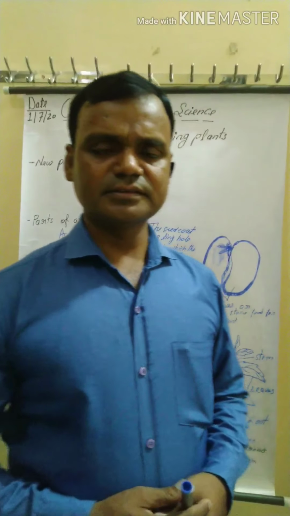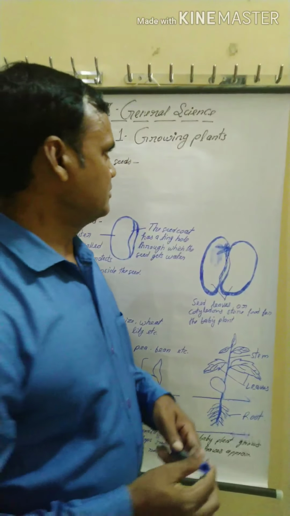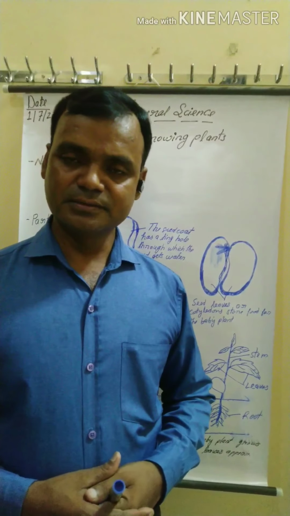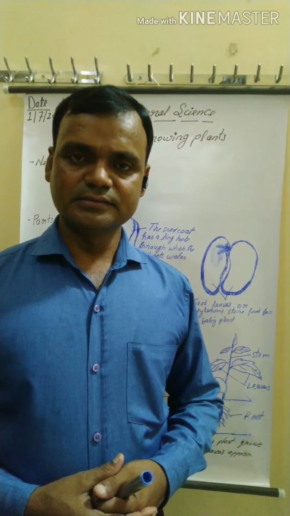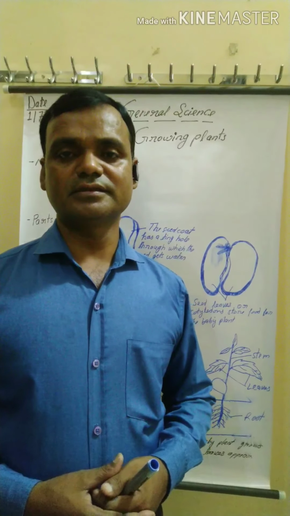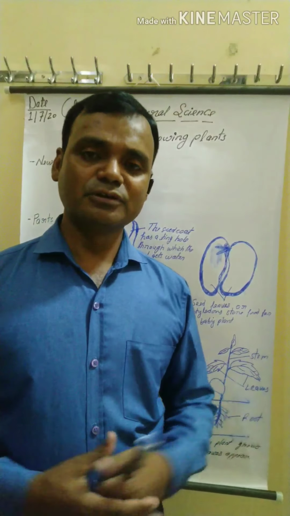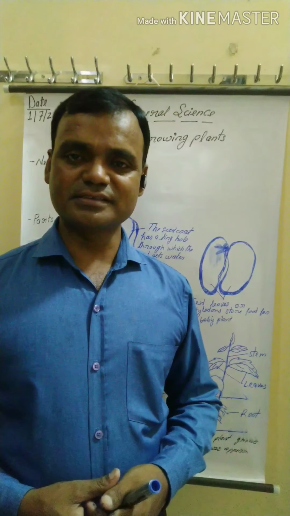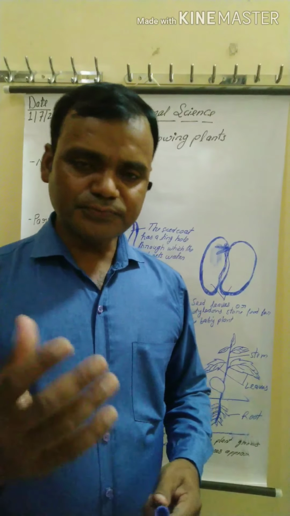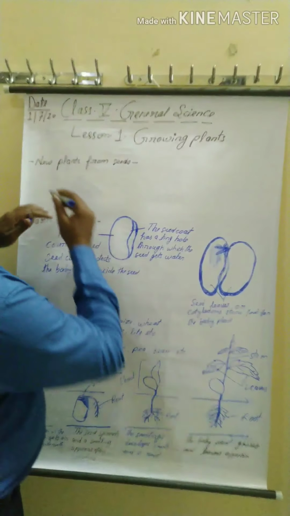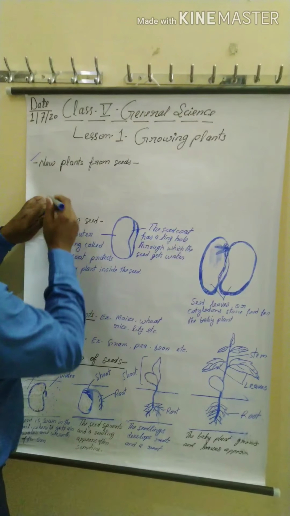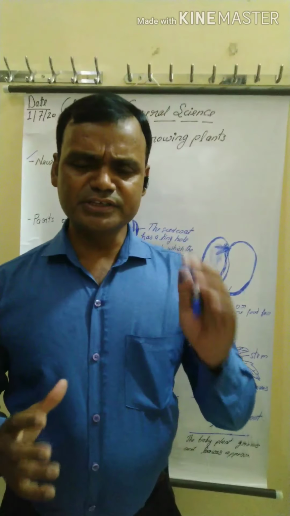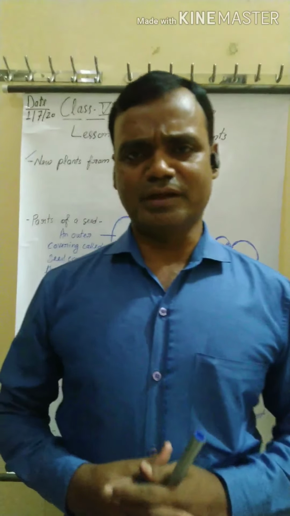In this lesson we have studied about plants, how plants germinate, parts of a seed, seasons, types of plants on the basis of cotyledons, and dispersal of seeds, etc. So first we discuss new plants from seeds, but before that we discuss the importance of plants.